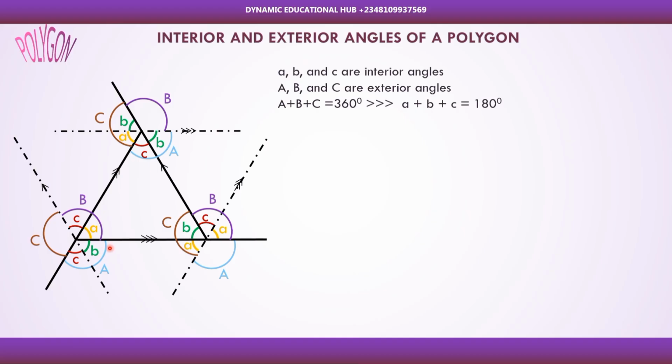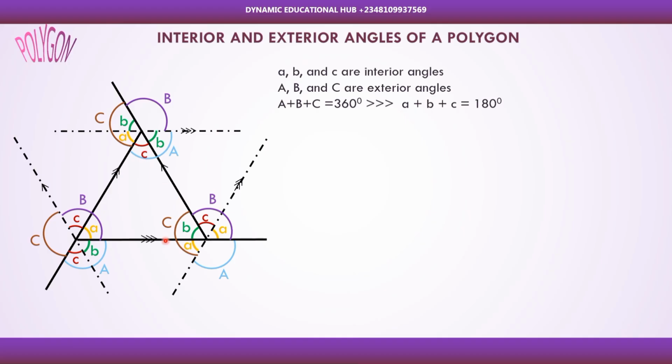So let's observe another one. Let's move to B. You can see that this capital letter B is still the same thing as A plus C, small letter A and small letter C, which are interior angles. If you pick capital letter C over here, we see that we have small letter A and small letter B. The addition will give you this C. So it means that any exterior angle of a triangle is equal to the sum of the opposite interior angles.